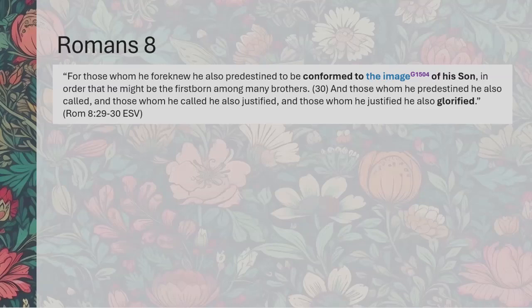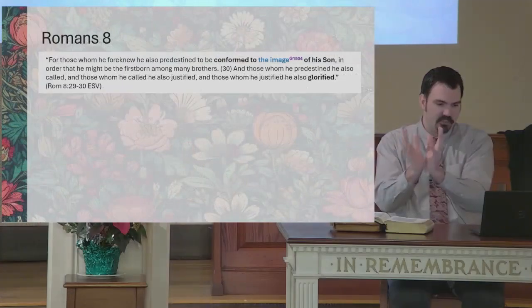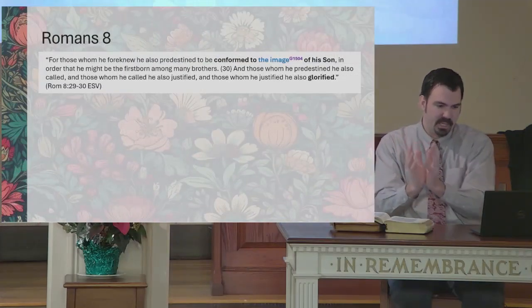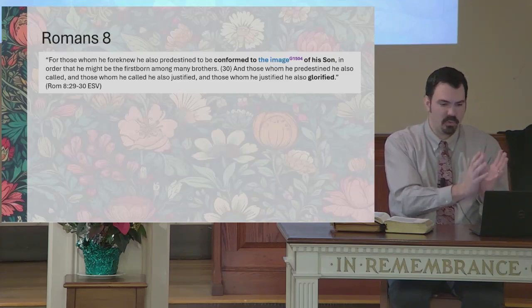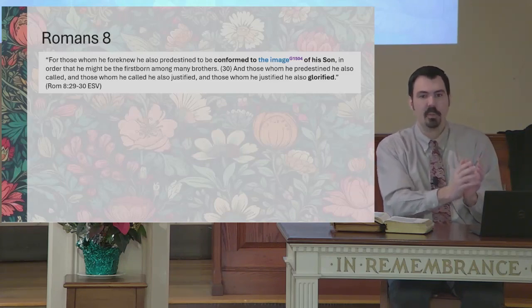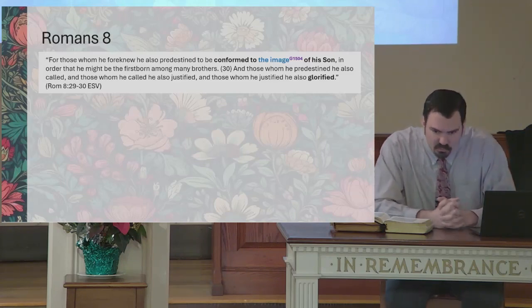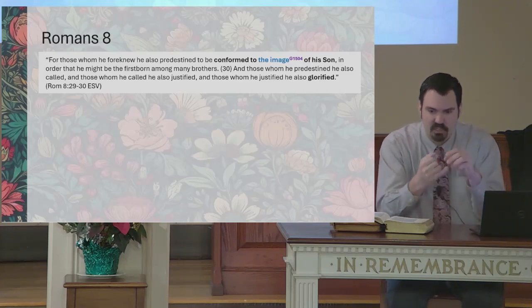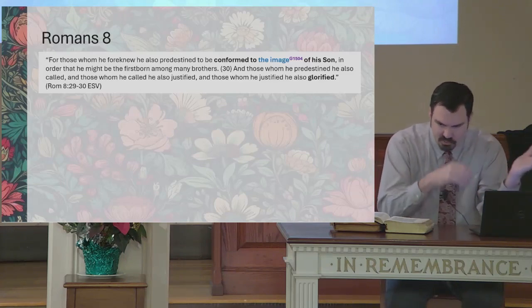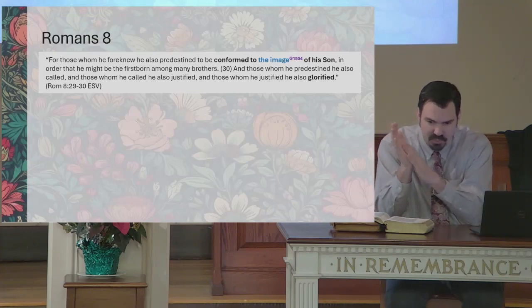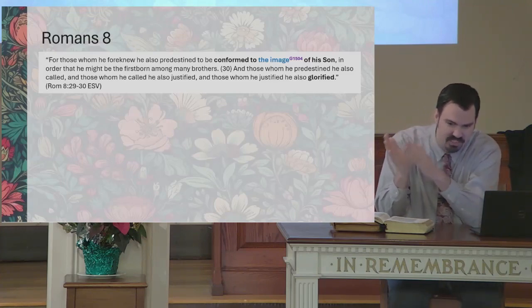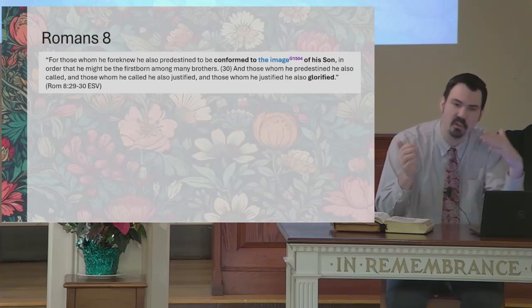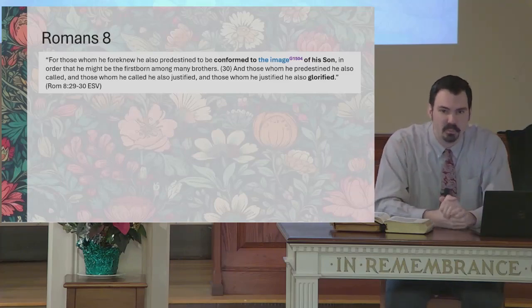So being conformed to the image of God's Son and glorification, both of those end results come from a process that begins with God's foreknowledge, right? He foreknows to be conformed to the image. He foreknows that he may predestine and call and justify and ultimately glorify his people.